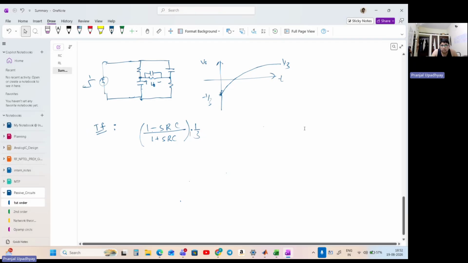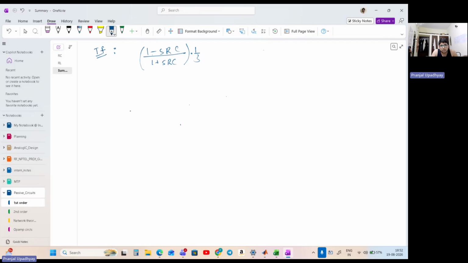Let us move on to another discussion that I wanted to do, of a simple high pass system. We are observing the output here, and here I have fed some input, a CR circuit. So we know that the transfer function of this circuit is given by SRC divided by (1 plus SRC).